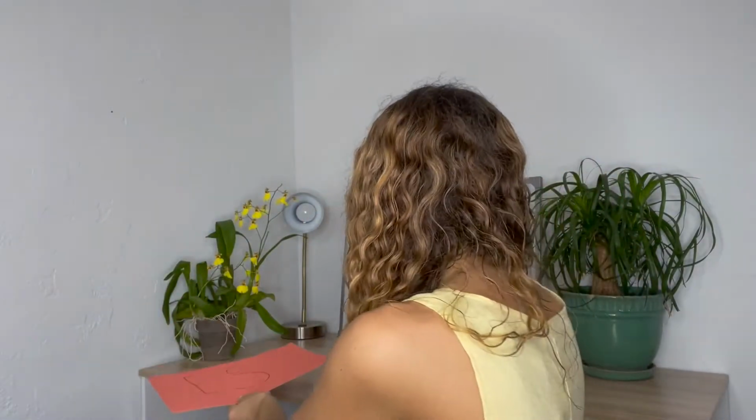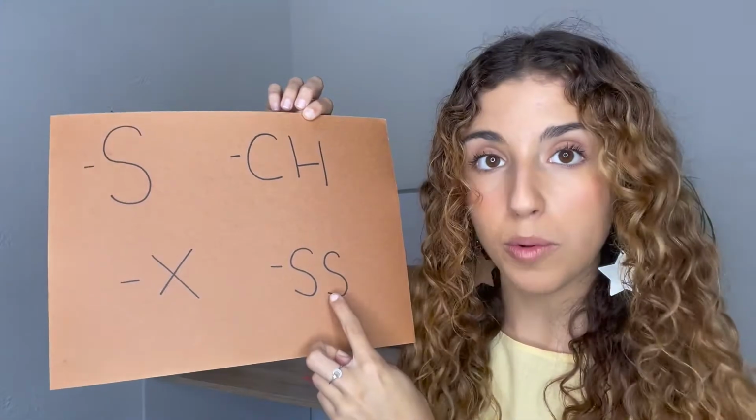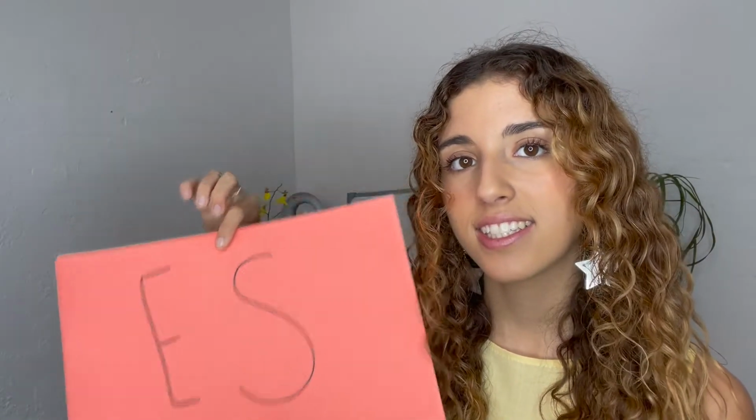Well, it's pretty easy. You add an ES when the noun ends with either an S, CH, X, or double S. So you can say 1 bus or 3 buses. 1 watch, 4 watches. 1 kiss, 6 kisses.